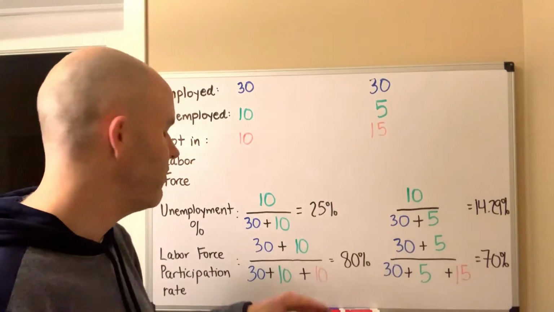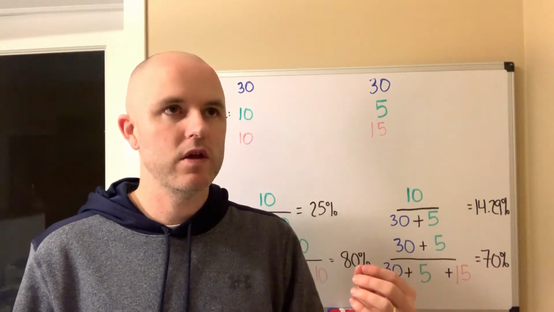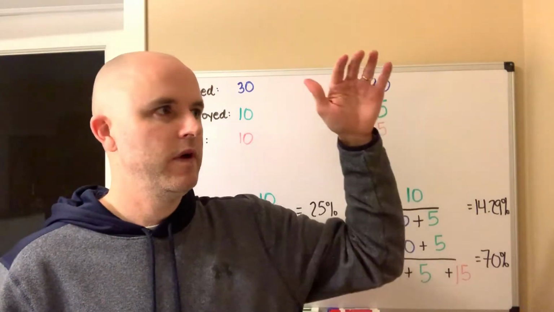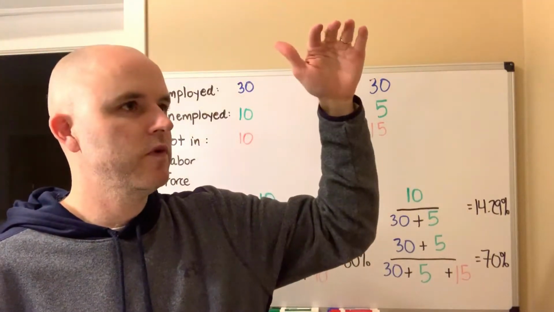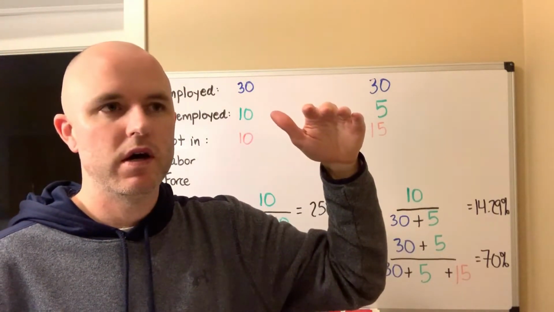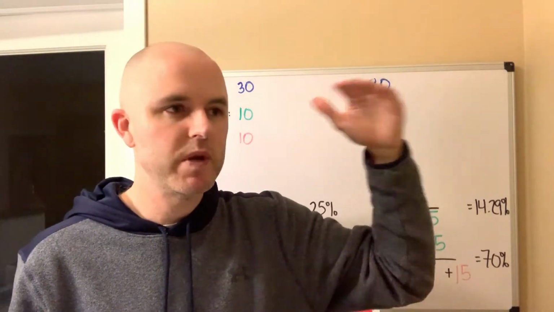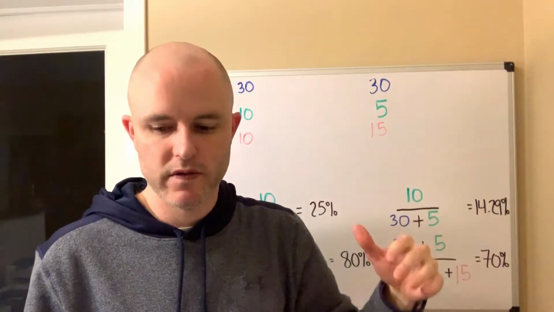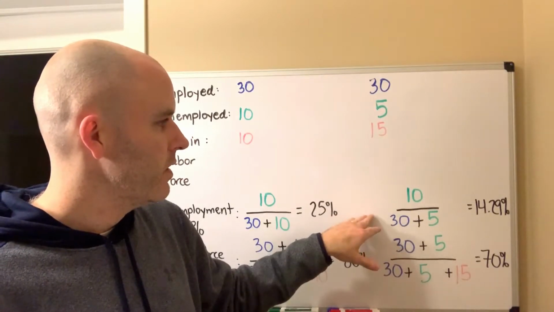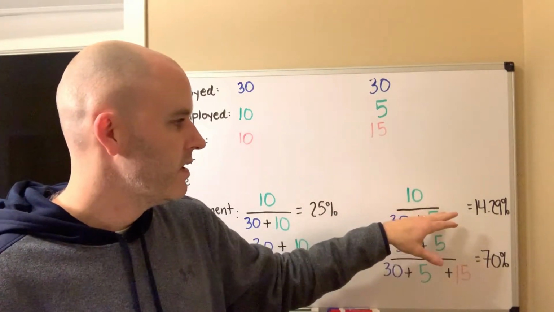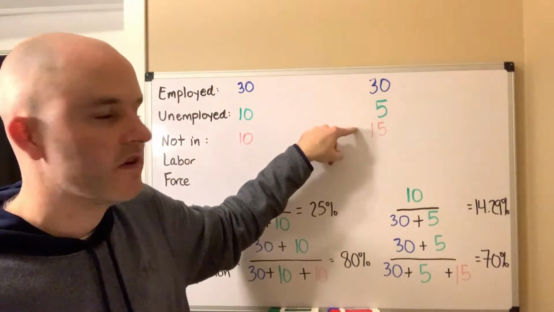Now let's remember, with labor force participation, at the end of the day, you want your labor force to non-labor force ratio to be in favor of the producers. You want people producing. We need more producers, not less. And so even though the unemployment rate has gone down, it's just a manipulation of the statistic.